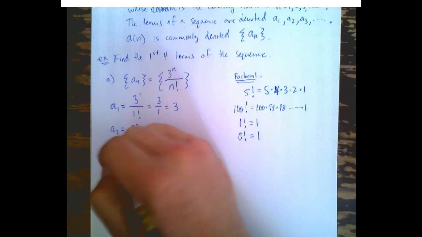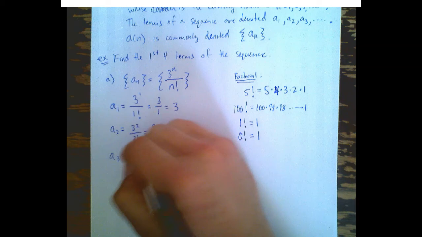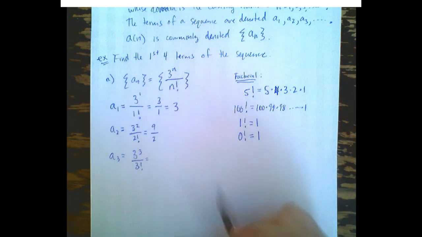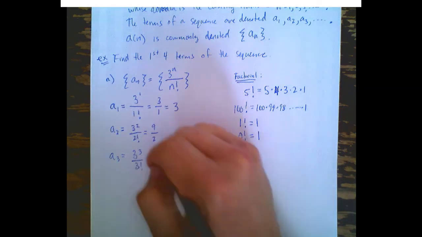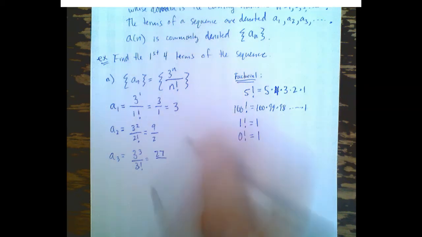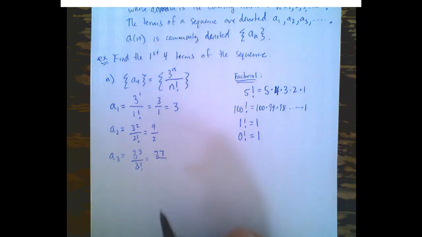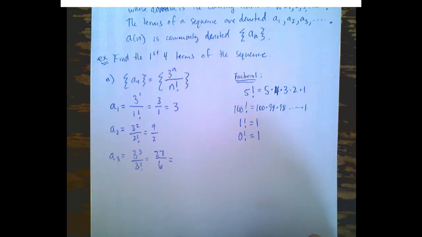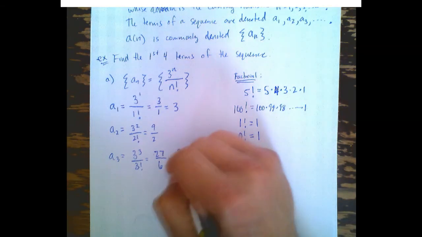The third term, 3 to the third over 3 factorial. 3 to the third power is 27 over 3 factorial, which is 3 times 2 times 1, that's 6. So this will reduce. If we divide out a 3 from each of them, it's also 9 halves.